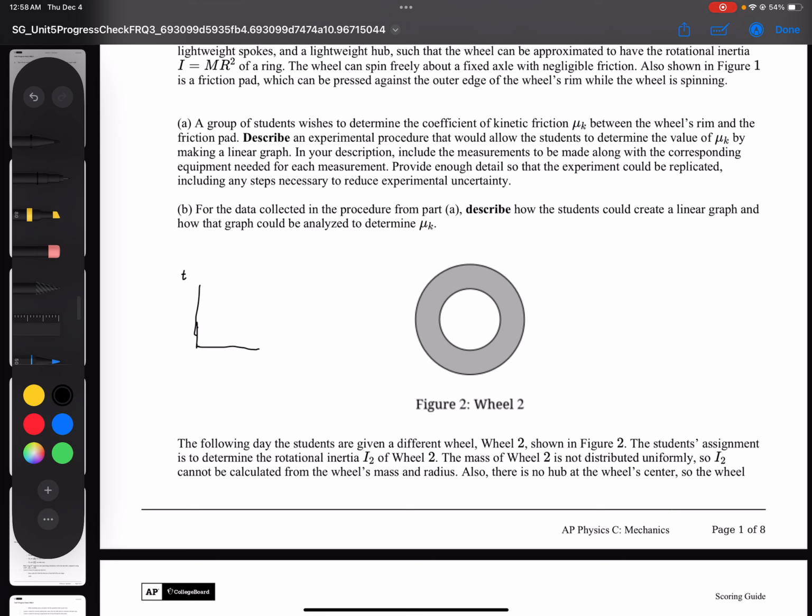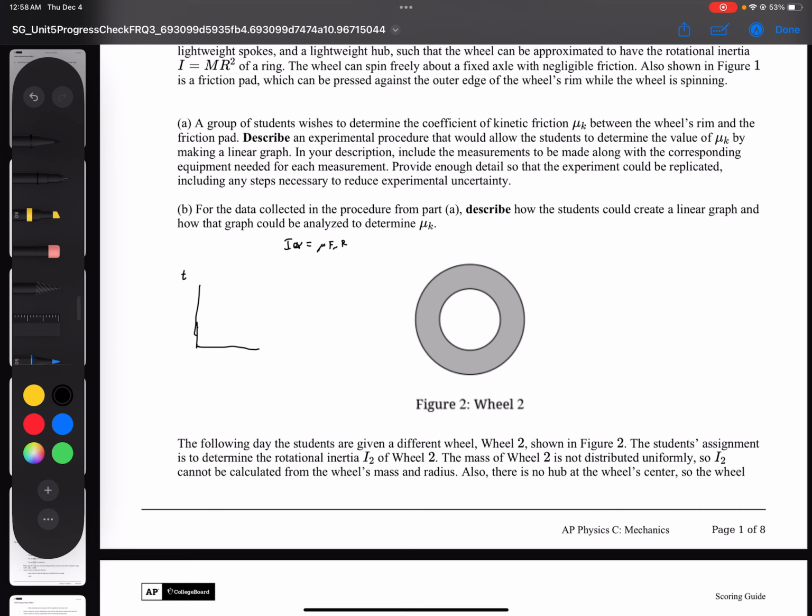So basically what I need to do is, let's say we measure the time, right? And then let's look at our equation. So I alpha is equal to the net torque acting on the system, which is mu times normal force times R, right? So that's the net torque acting on the system.